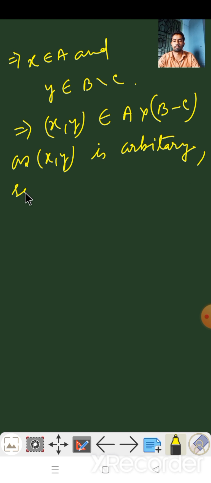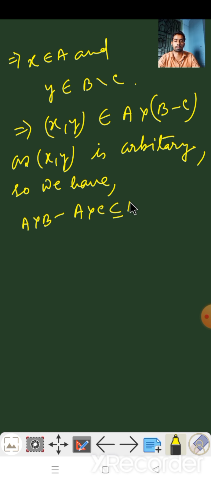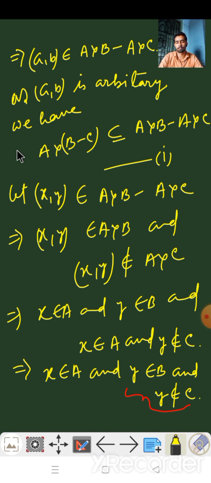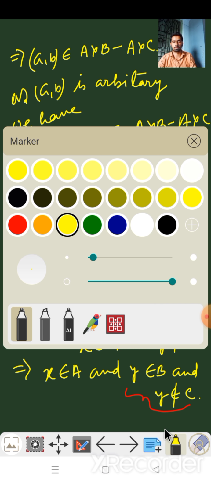So we have (A cross B) difference (A cross C) is a subset of A cross (B difference C). This is equation 2, and this is equation 1.